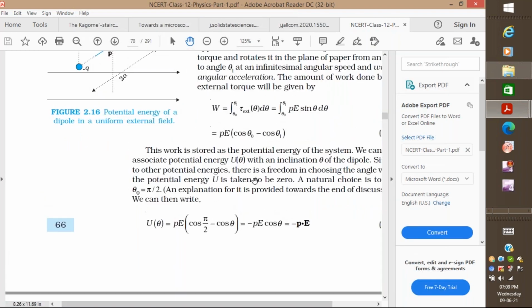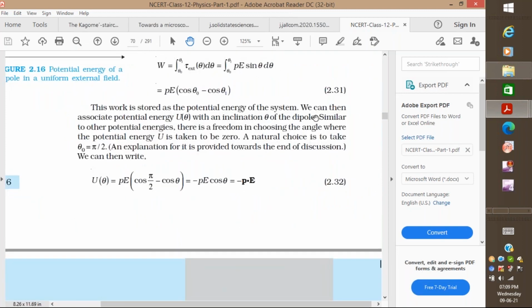We can then associate potential energy U theta with an inclination theta of the dipole. Similar to other potential energies, there is a freedom to choose the angle where the potential energy U is to be taken 0. Okay. So the natural choice is theta 0 equal to 90 degree.